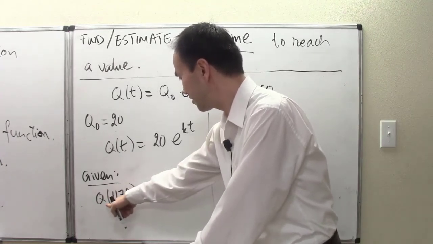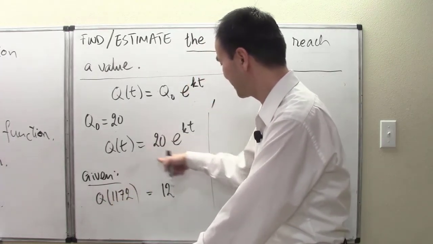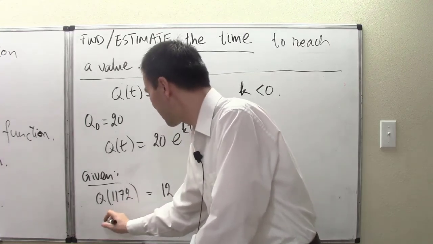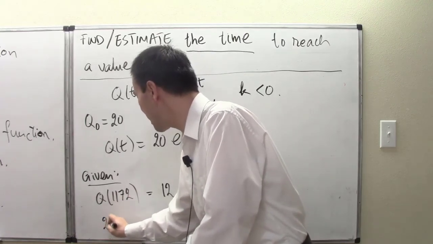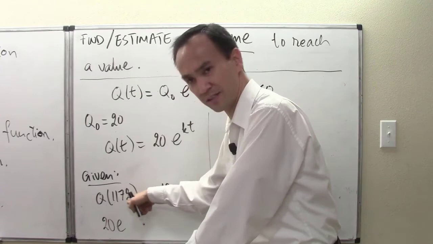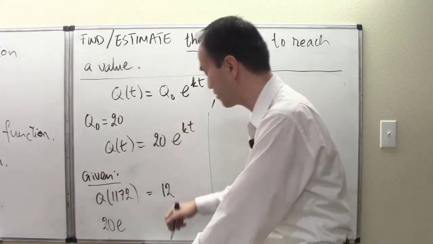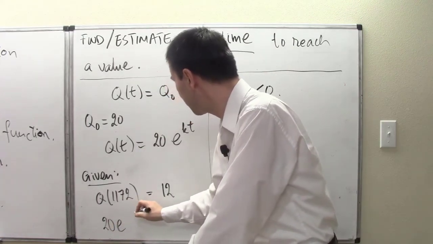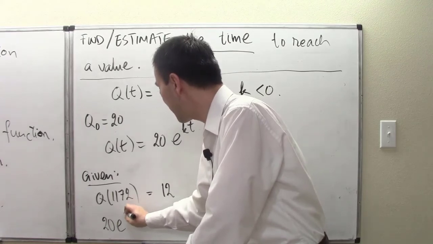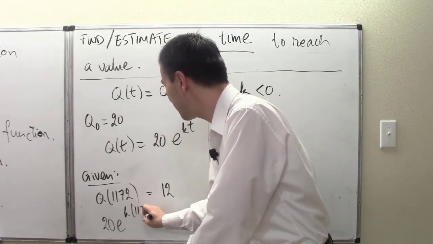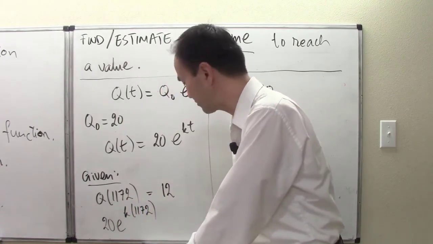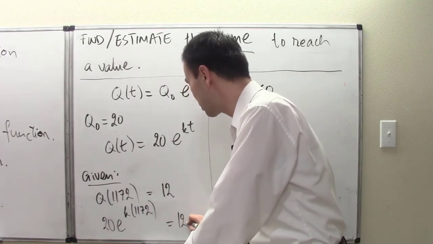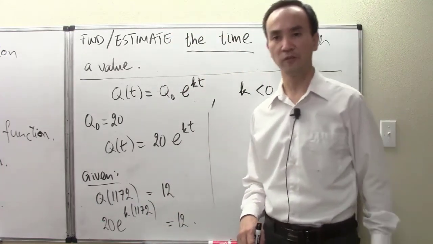This Q of 1172 means that, substituting 1172 into the function Q of t, we're looking at 20 times e to the k times 1172. That's just substituted in, and all that is equal to 12. That's right out from the given information.